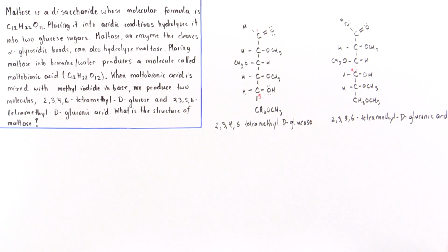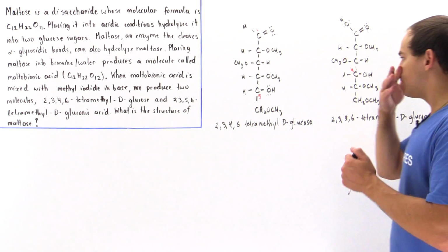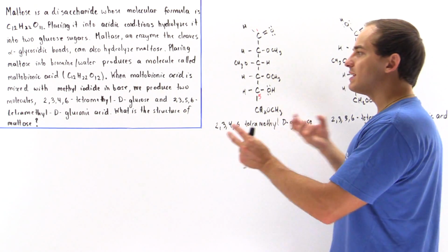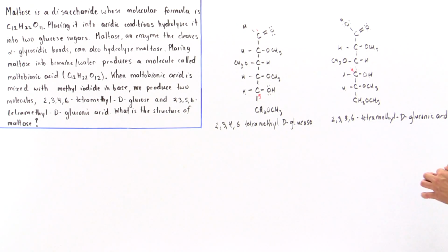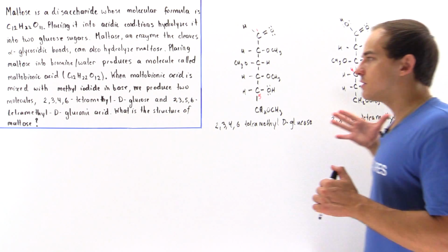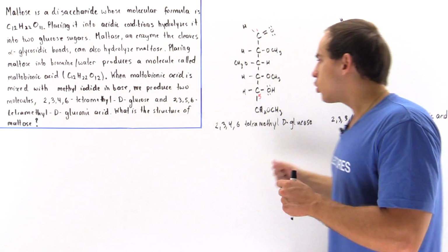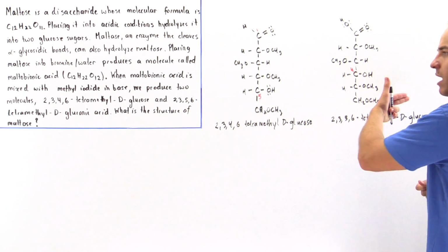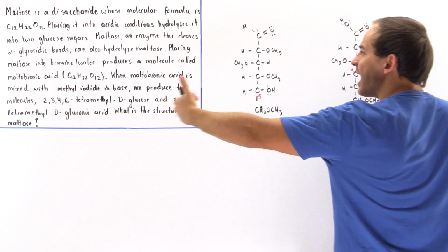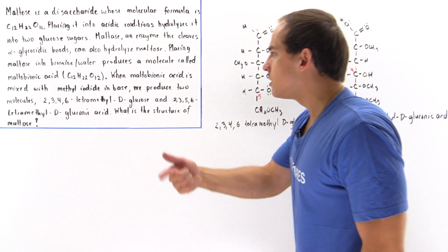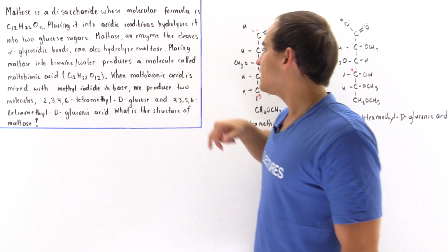Okay, so basically using this information we can determine what the bonding is between our two sugars. So we're basically working backwards. When we obtain these two molecules, we basically hydrolyze the methylated maltobionic acid.